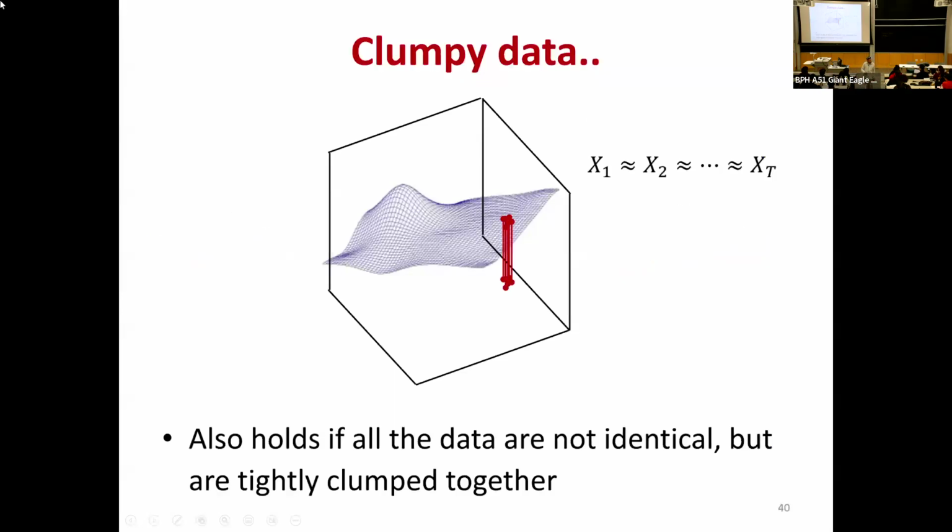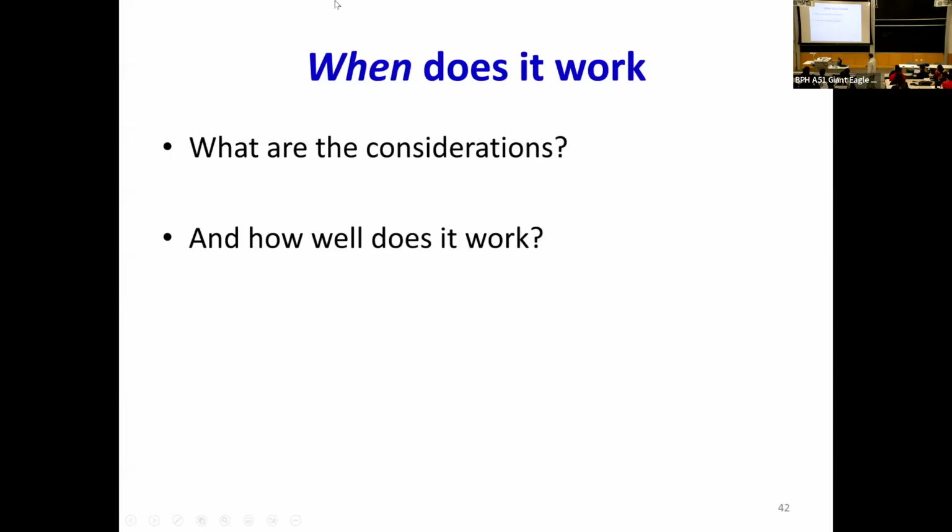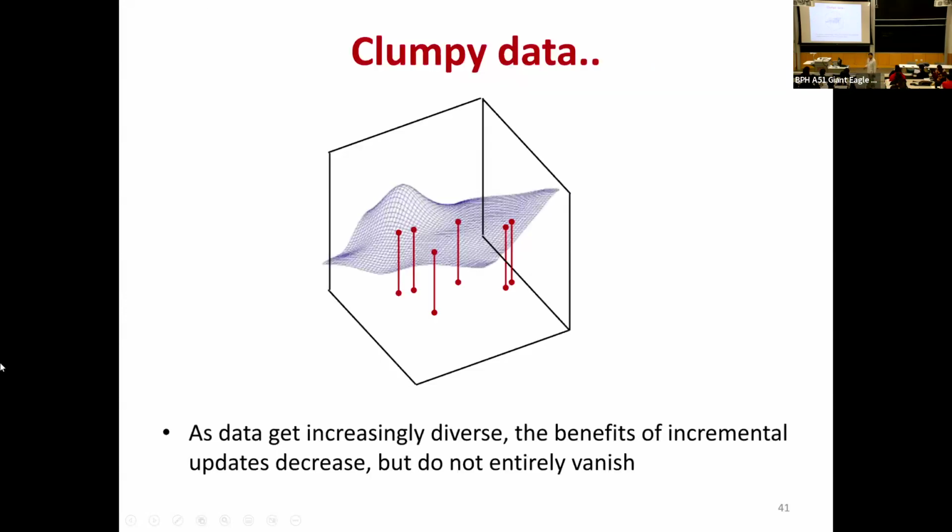And so the gap between the batch update, where I have to process everything before I take a step, and the incremental update, where I make updates after each instance, is going to keep increasing as the diversity of the data increases. And so in the limit, when things are fully scattered, you expect that this is where the benefits of incremental updates are going to be the least. That would be somewhat of a guess, right, Karthik?